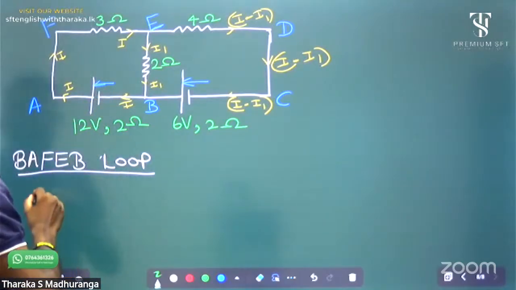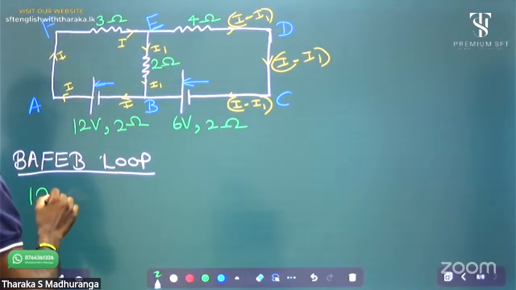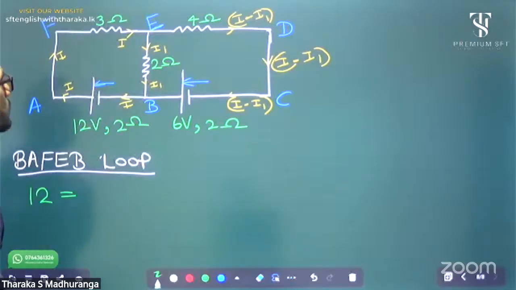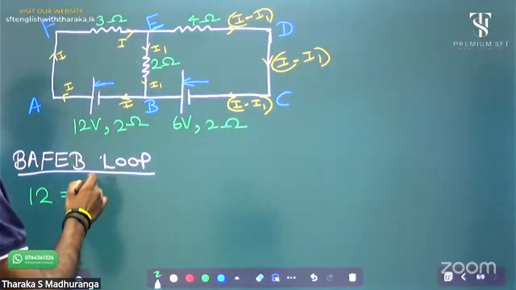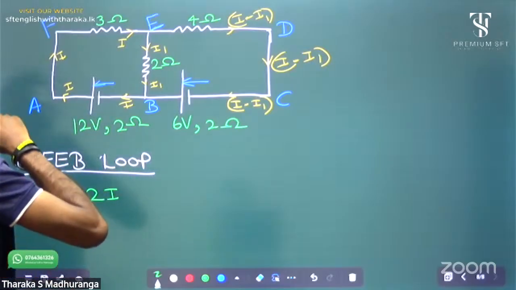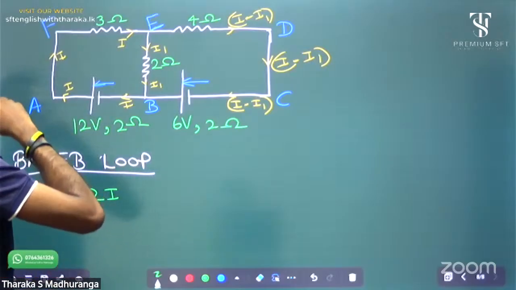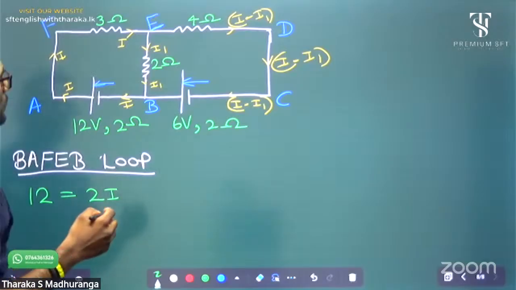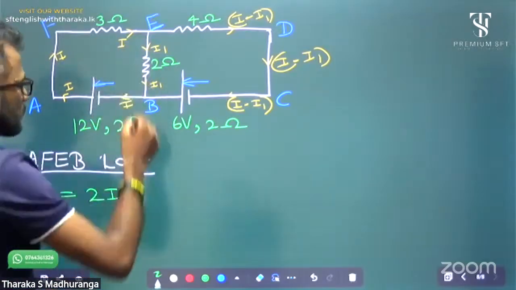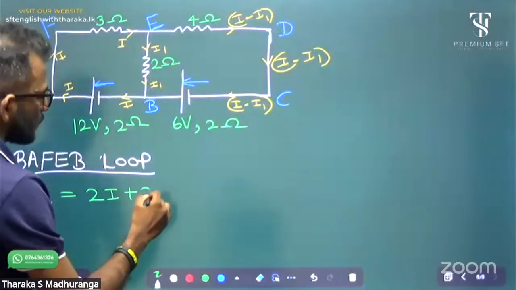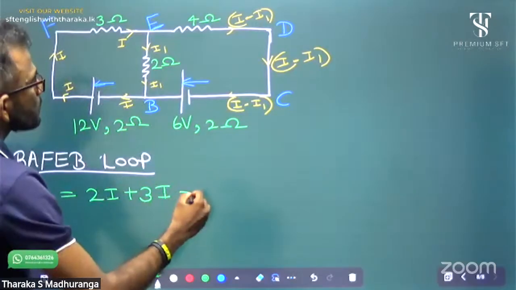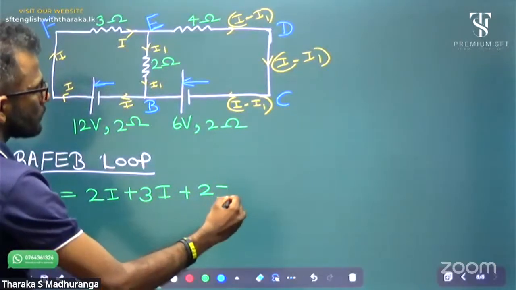It is positive because my direction and the 12 volt are the same. No other battery, therefore it is equal to 2I, my direction and current direction same, 3I plus 2I1.